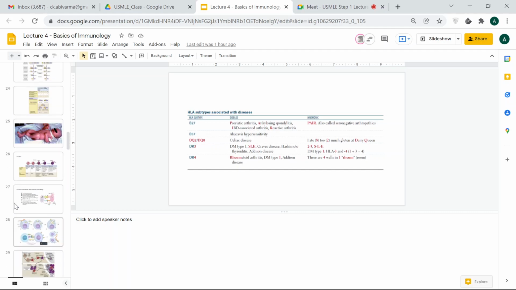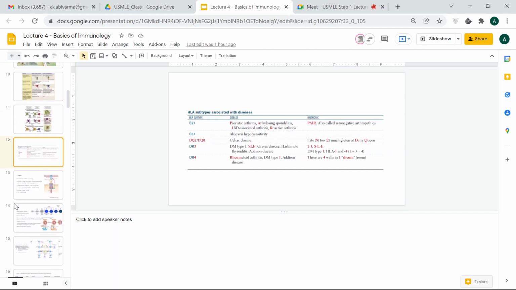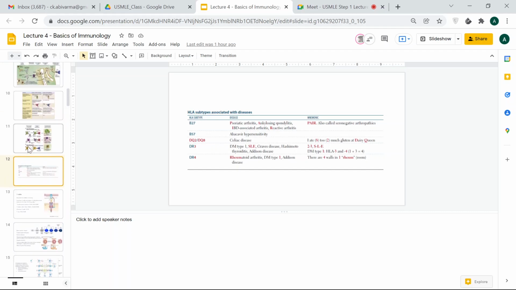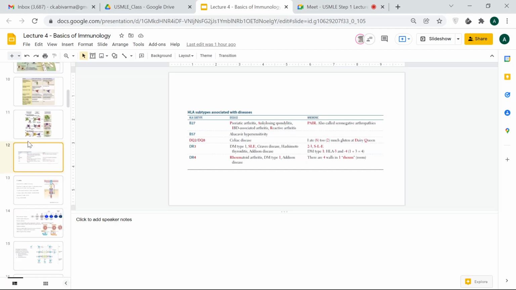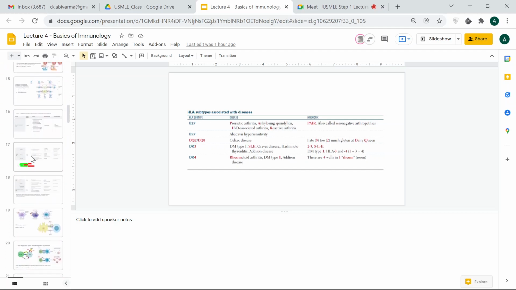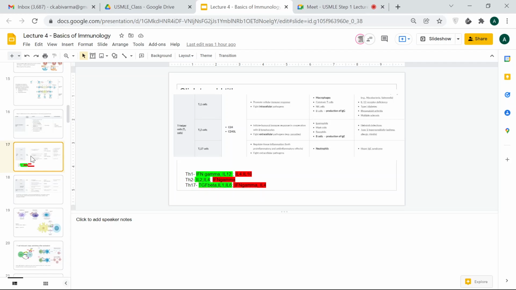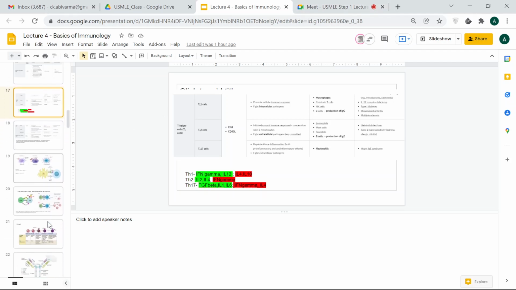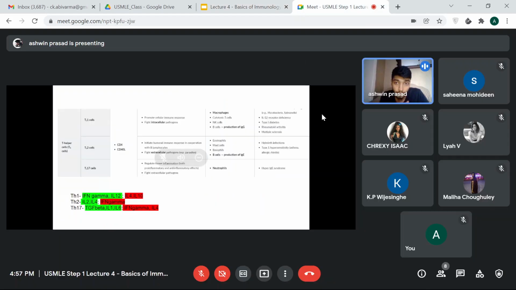So again, since we have reached this amount of differentiation, we have to go a little bit more into detail and discuss different types of T helper cells because they have slightly different functions. Th1 is the first type that we'll discuss, and the main motive of Th1 helper cells is to promote the fight against intracellular pathogens.